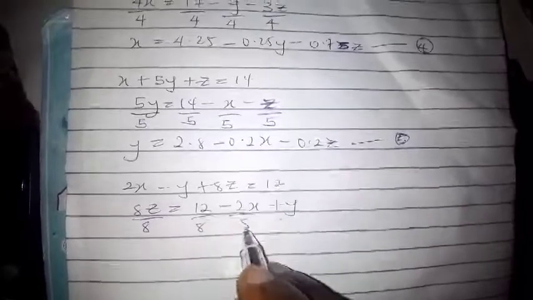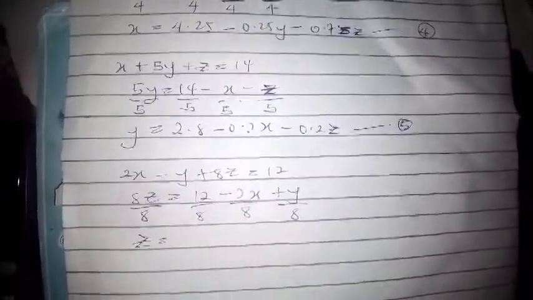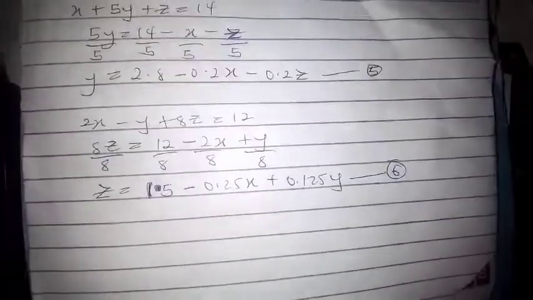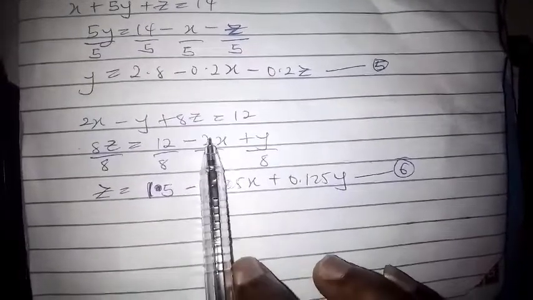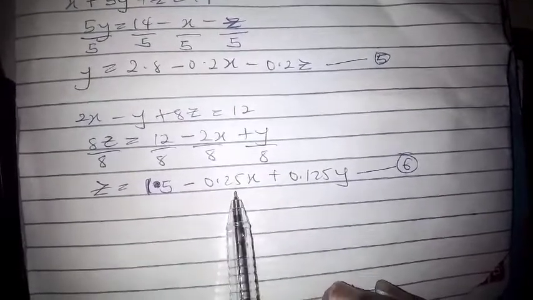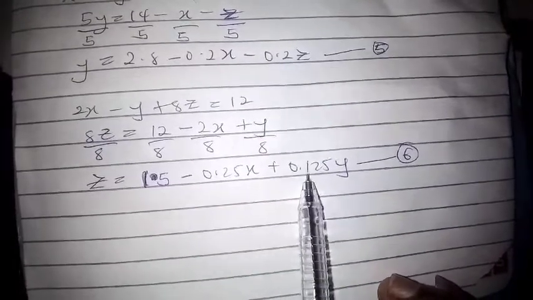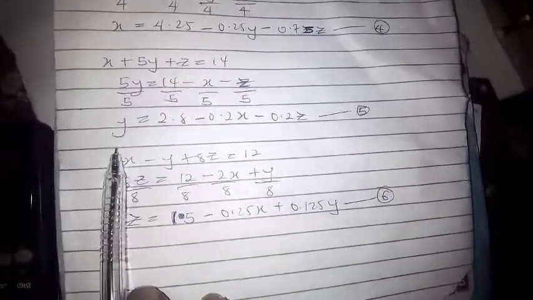So z will be equal to 12 divided by 8. When you divide 12 by 8, you get 1.5, minus 2 divided by 8, you get 0.25x, plus 1 divided by 8, you get 0.125y. So therefore, we have successfully gotten all our values of x, y, and z.